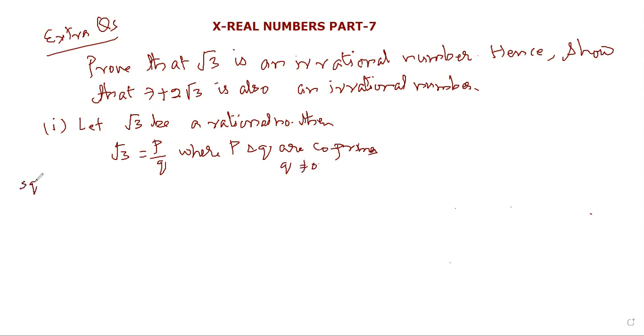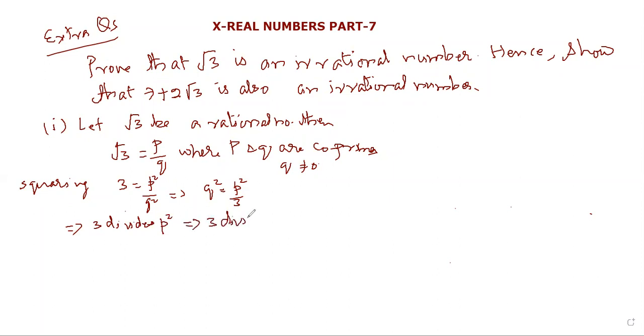Squaring both sides, we get 3 is equal to P square upon Q square, or it can be written as Q square is equal to P square by 3, which shows that 3 divides P square. When 3 divides P square, it shows that 3 divides P also, by theorem.